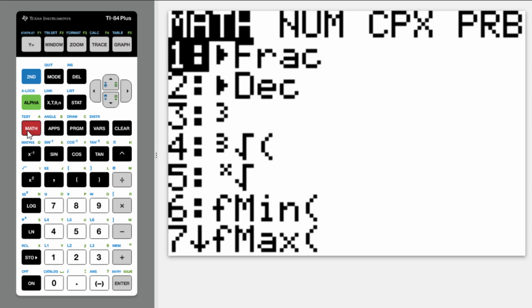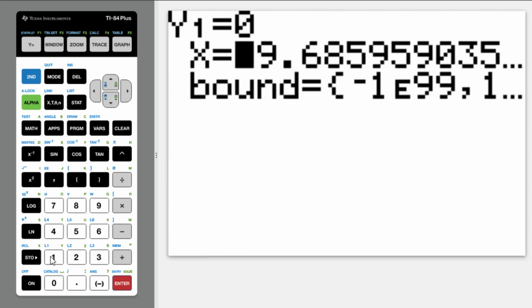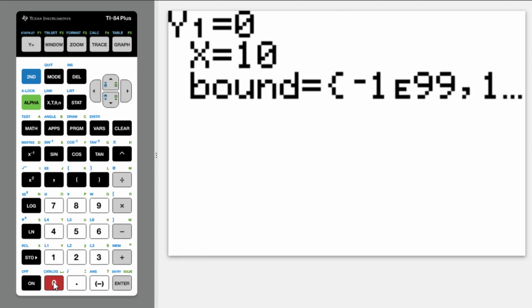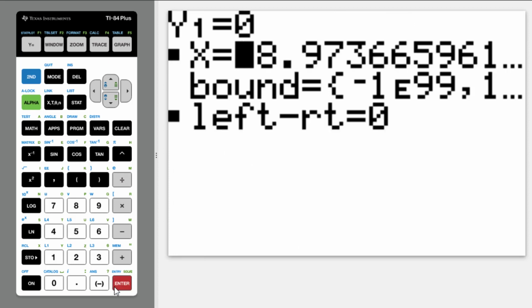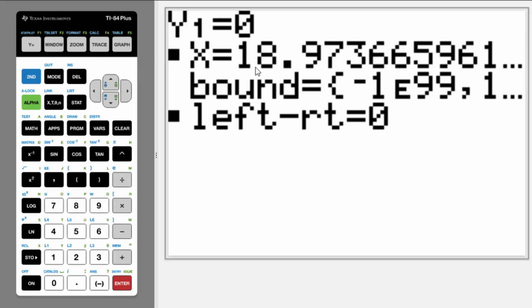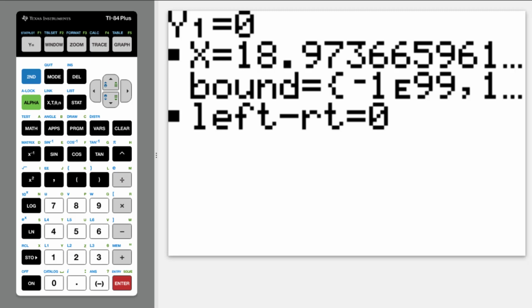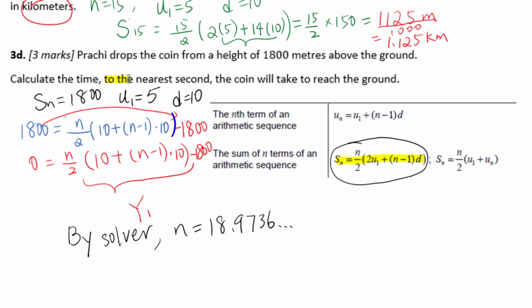Go to math, upper arrow, enter. 10 as the predicted value. Alpha, enter. So n equals 18.9736 and so on. To the nearest second, n equals 19 seconds.